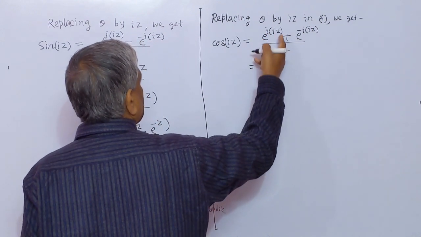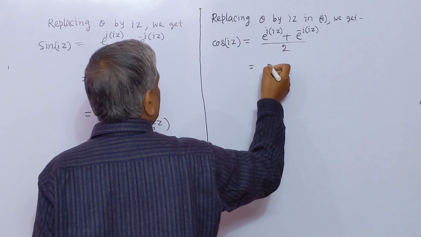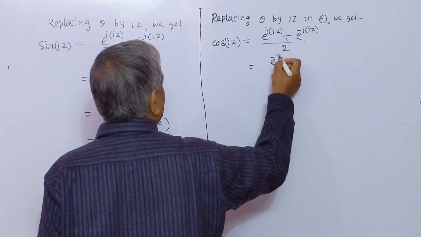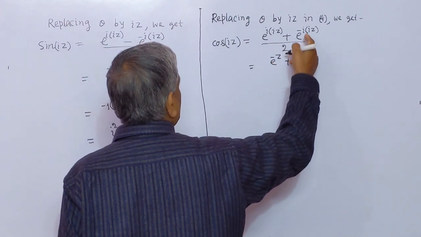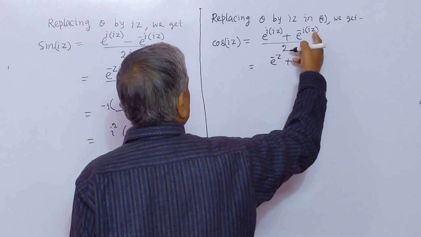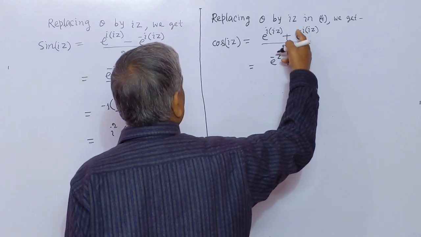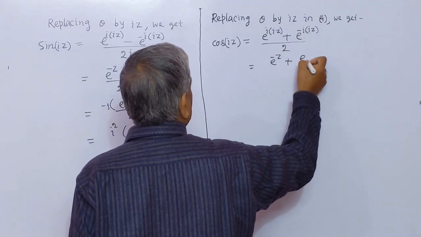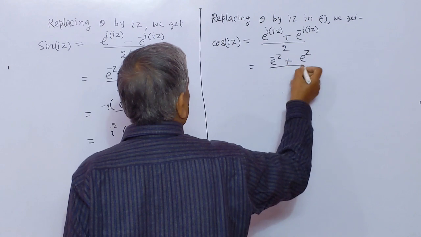Here i square means minus 1, e to the power minus z plus e to the power z by 2.